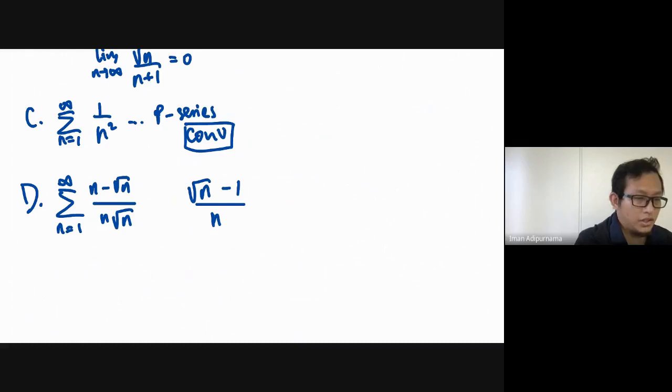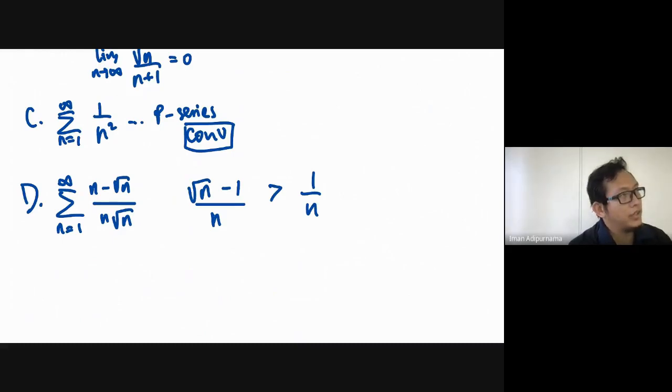And looking at 1 over n as our comparable series, this will be larger, right? You can check several n that are squares, like 4, 9, 16, 25.